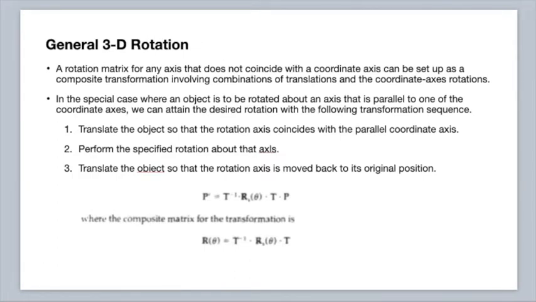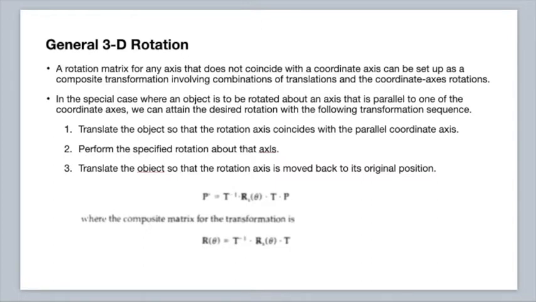A rotation matrix for any axis that does not coincide with the coordinate axis can be set up as a composite transformation involving combinations of translations and coordinate axis rotations. What we have seen earlier is rotation for an axis that coincides with a coordinate axis.